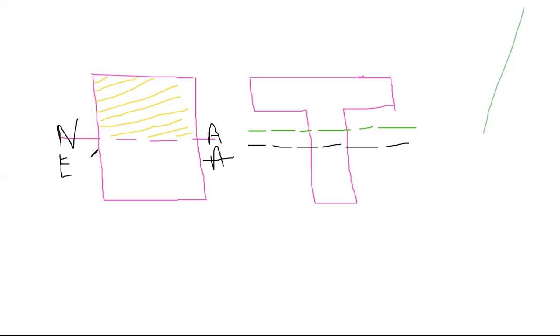So in case of a rectangular section or a square section, what will happen is neutral axis and equal area axis are coinciding because above the neutral axis this much is the area. So area above and below the axis is same. For example, if this is, let us say, 20 and total height is 80.